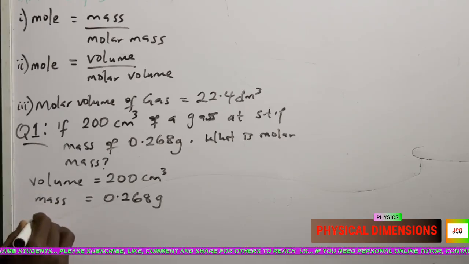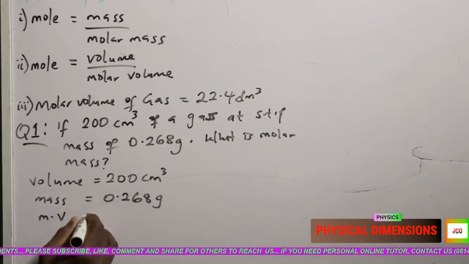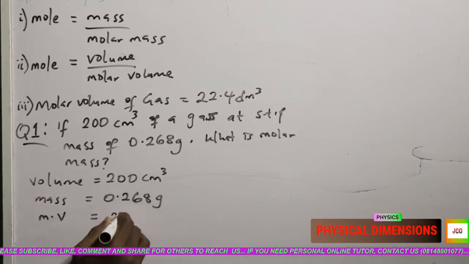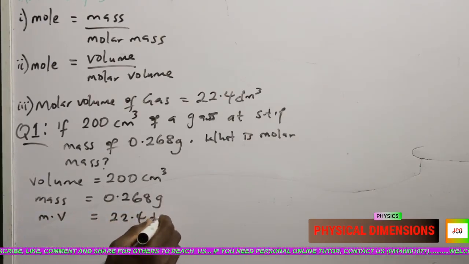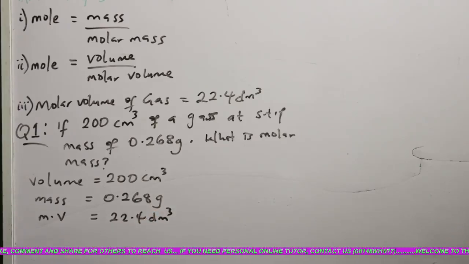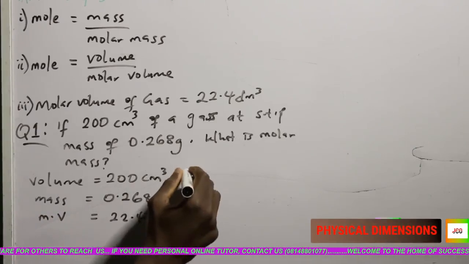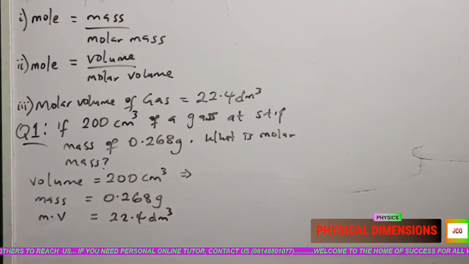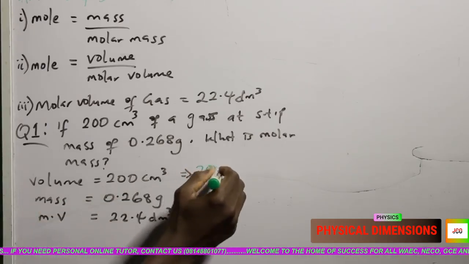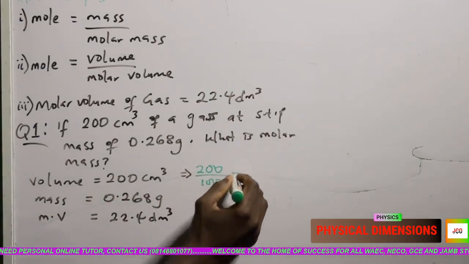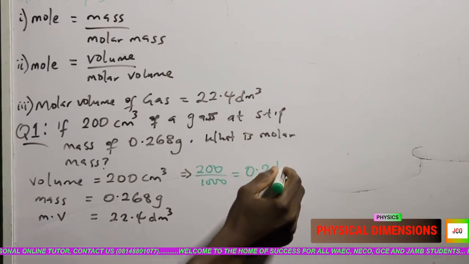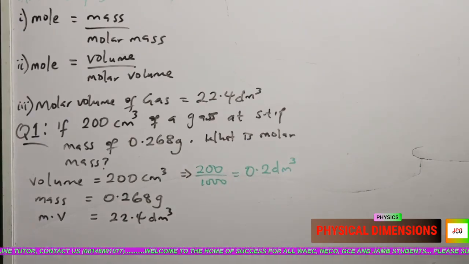I know that molar volume of a gas is 22.4 dm³, but my volume is in cm³, so I convert to dm³. How do I convert to dm³? Divide by 1000. So 200 divided by 1000 gives me 0.2 dm³.